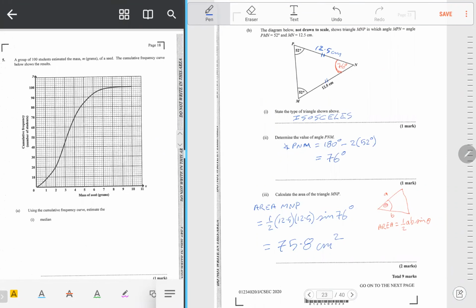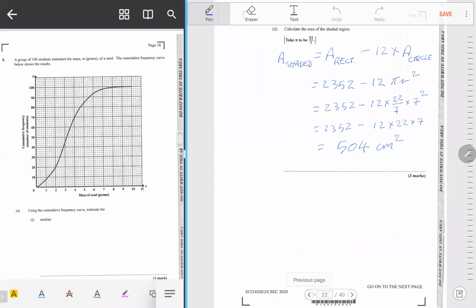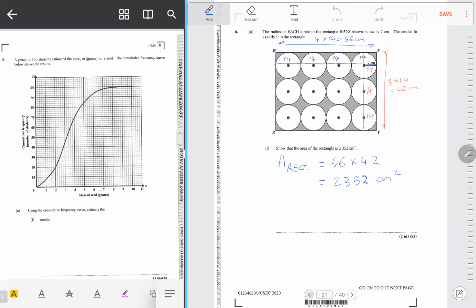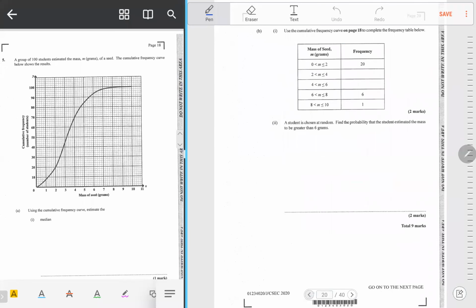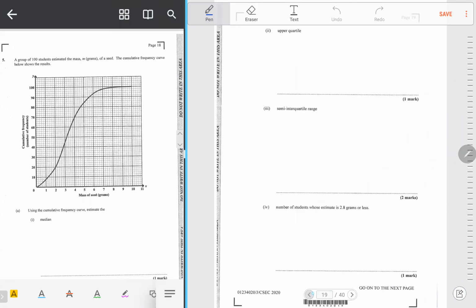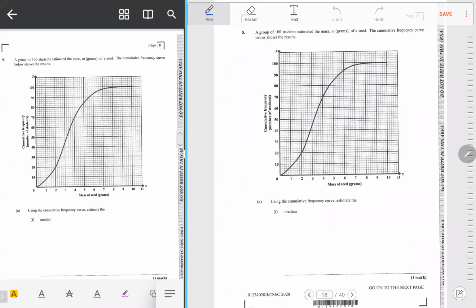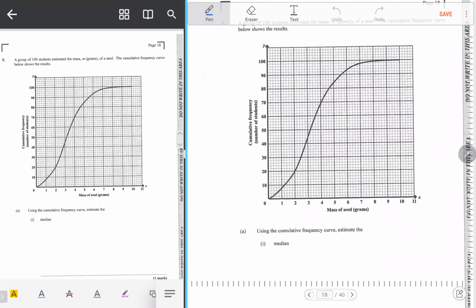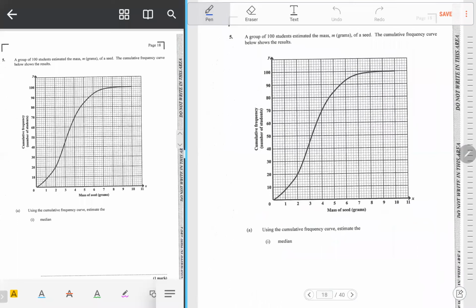They're getting easier and easier. They don't say the exam is challenging anymore. Very easy and straightforward.